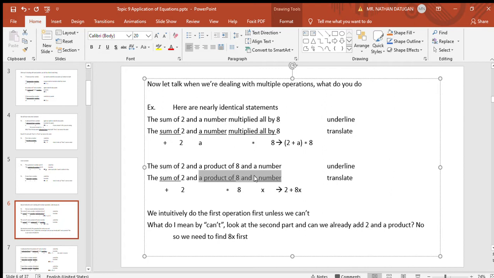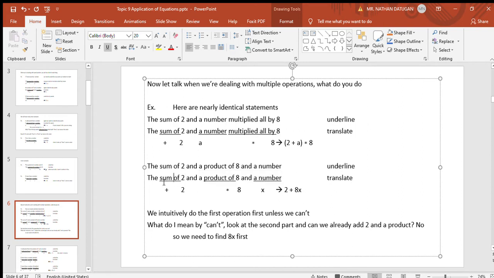Yes. That's basically going to be 8x, or basically 8 times x, but we can shortcut it to 8x. And now that we're done with this part, a product of 8 and a number, let's move on to the part we just bypassed, the sum of.